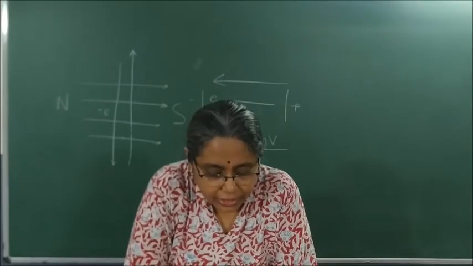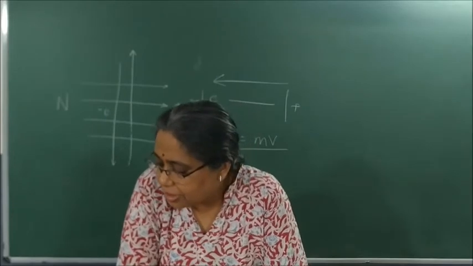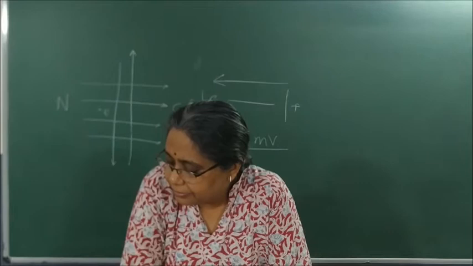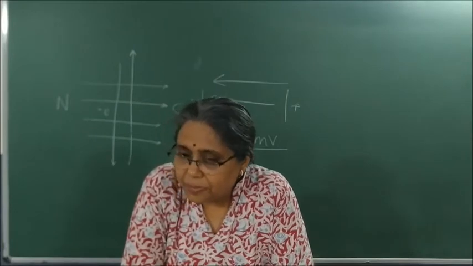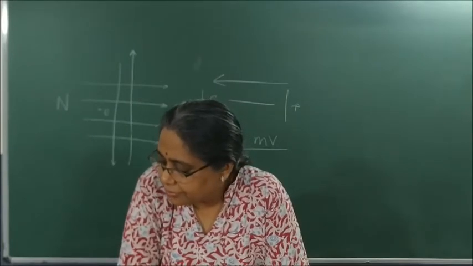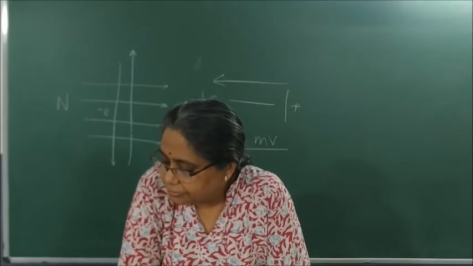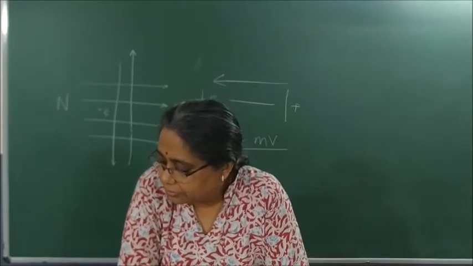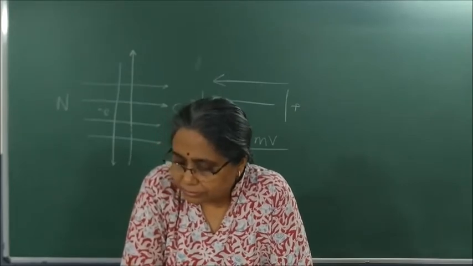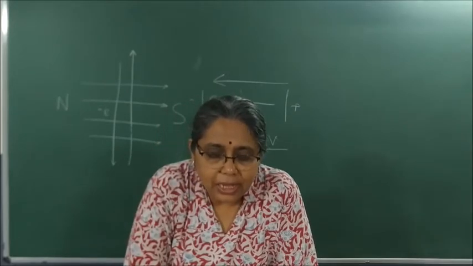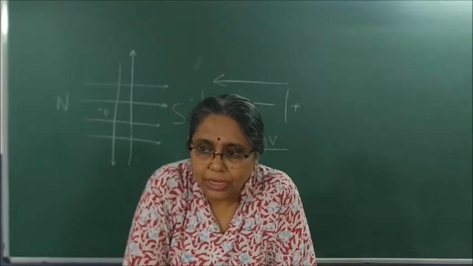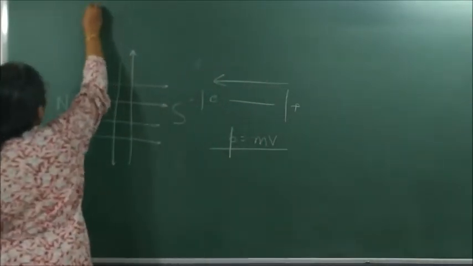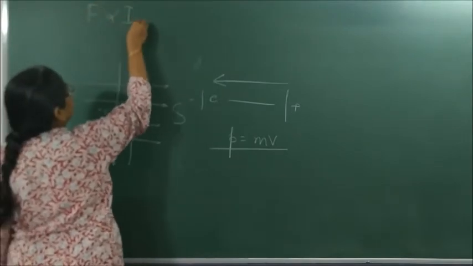So first write, if the current in the rod AB is increased, displacement of the rod is increased as F is proportional to I. You know how to write proportionality.